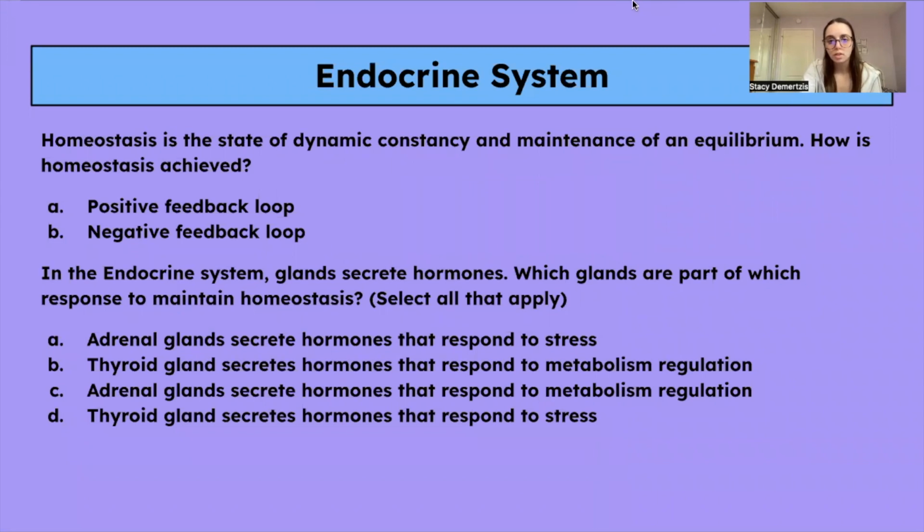We know that in the endocrine system, we have glands that secrete hormones. And I want you to tell me which glands are part of which response to maintain homeostasis, because certain glands have their own function. So I want you all to tell me. There could be multiple answers here.